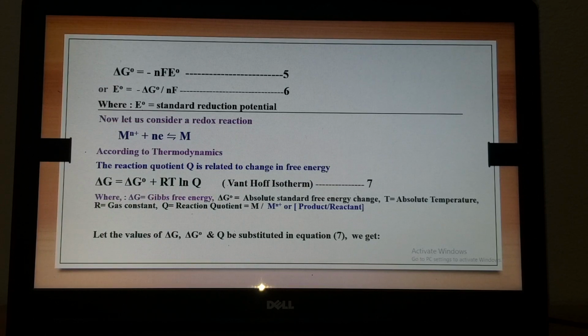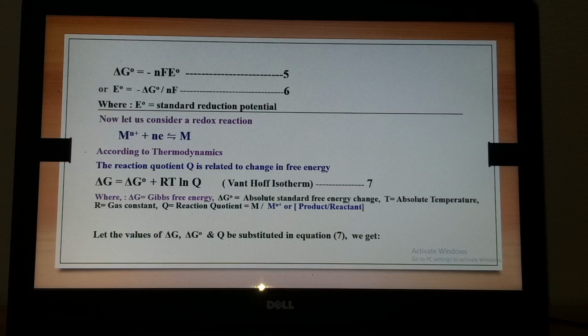So, according to thermodynamics, the reaction quotient Q is related to the change in the free energy and is given by the van 't Hoff isotherm, which is delta G is equal to delta G naught plus RT ln Q. Here, delta G is the Gibbs free energy, delta G naught is the standard free energy change, T is the absolute temperature, R is the gas constant, and Q is the reaction quotient, which is product by reactant.